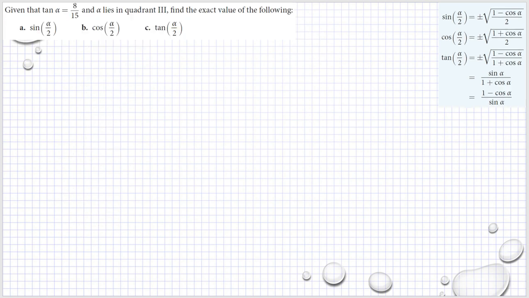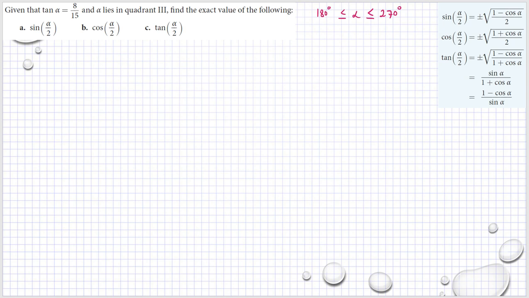Next example, given that tangent alpha is equal to 8/15 and alpha lies in the third quadrant, find the exact value of the following. Okay, let's see first. Third quadrant means we have 180 to 270 degrees.